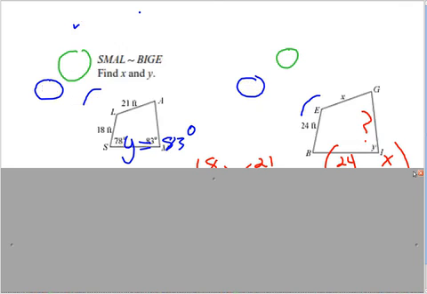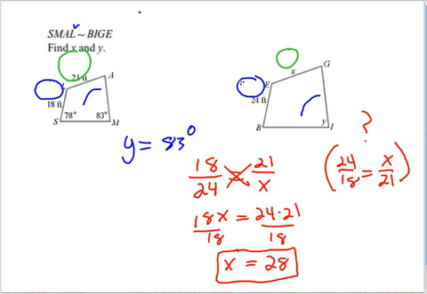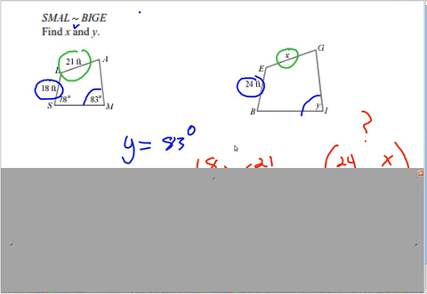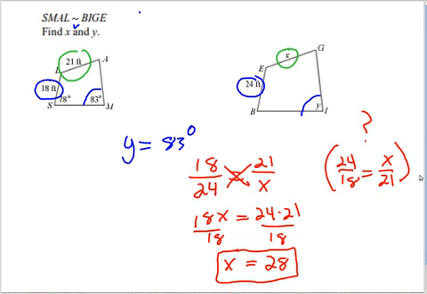So 18 has a relationship with 24 just the same as this side, 21 feet, has with this side, x. So we have this nice proportion. 18 is to 24 like 21 is to x.